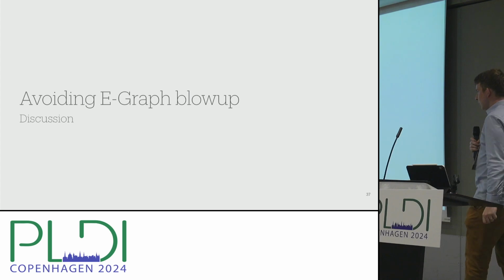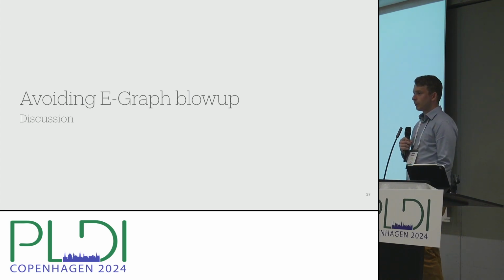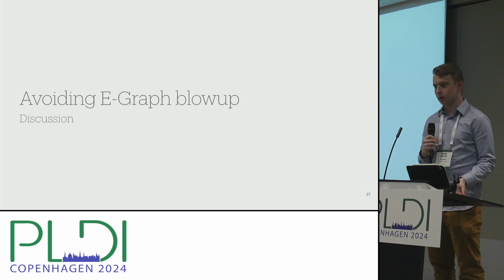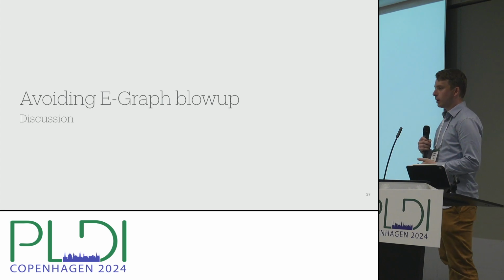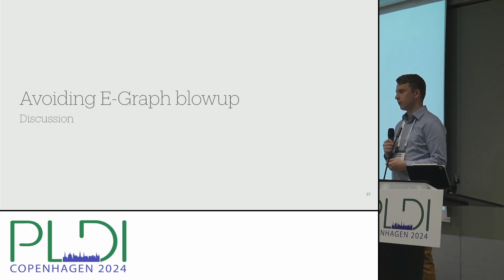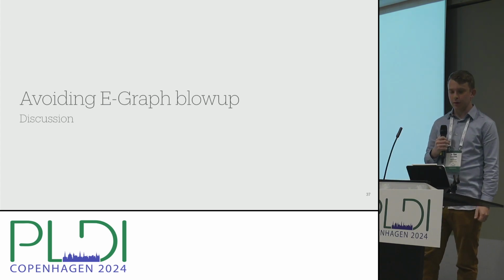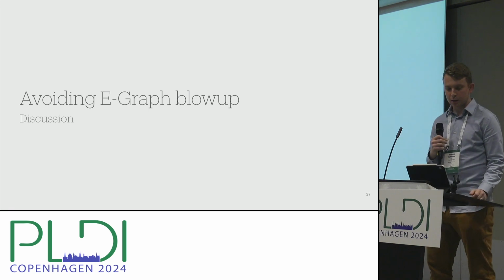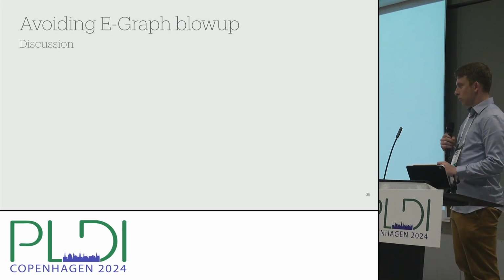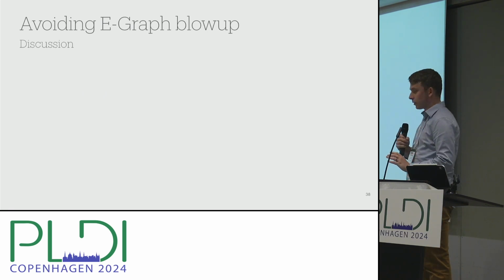Now we've heard a lot about eGraph blowup with similar diagrams in the morning, and there's also a paper on how modulo AC, meaning associativity and commutativity rewriting, causes eGraphs to grow in size pretty much indefinitely and never terminate. But we're able to sort of skirt around a lot of these problems.